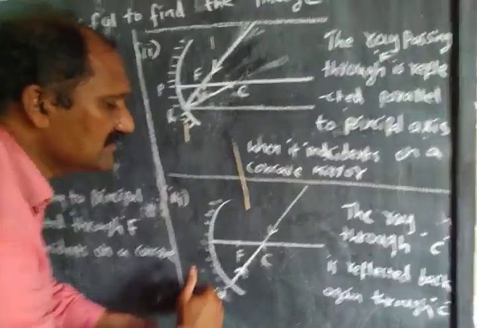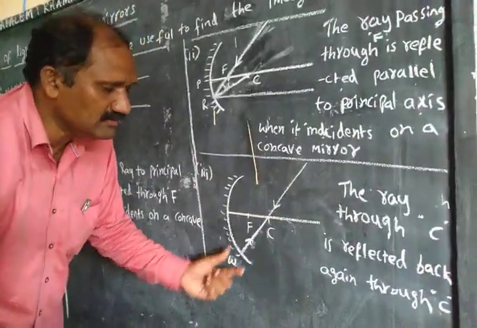That's why it will be reflected back again through C.